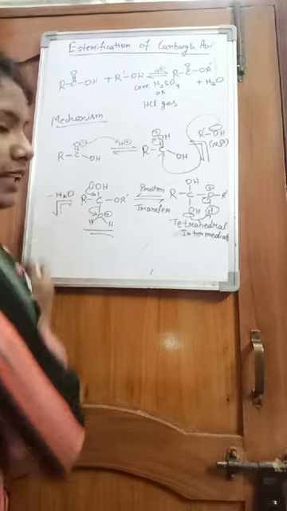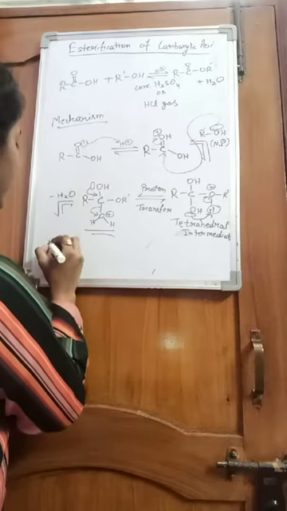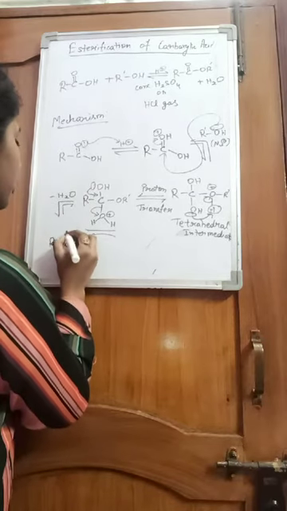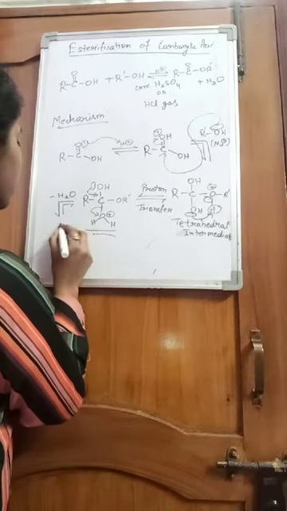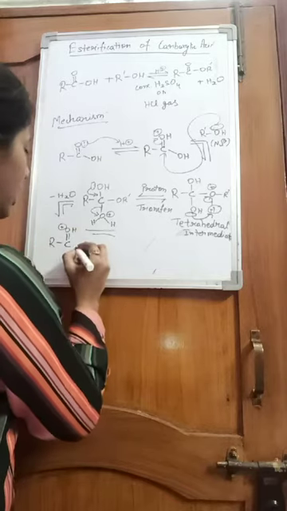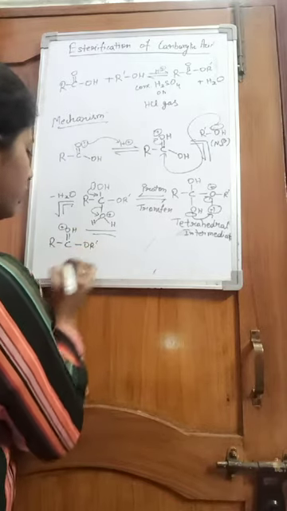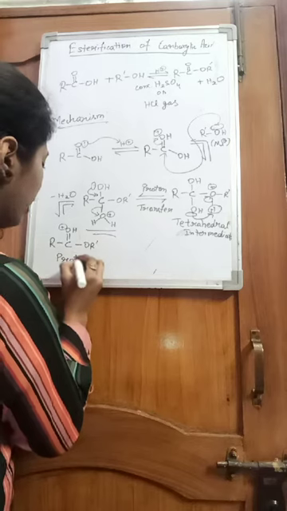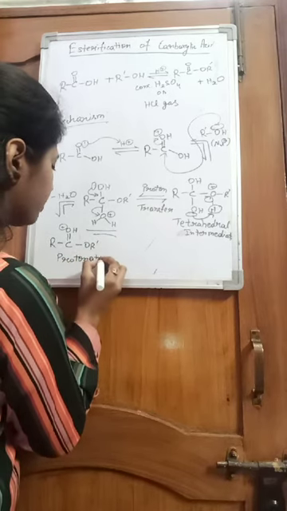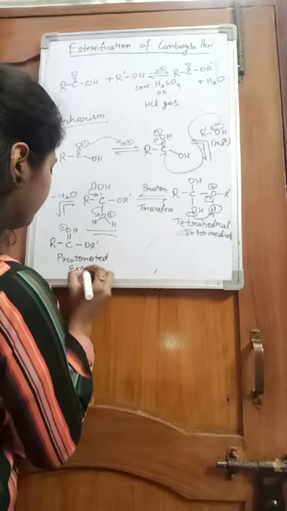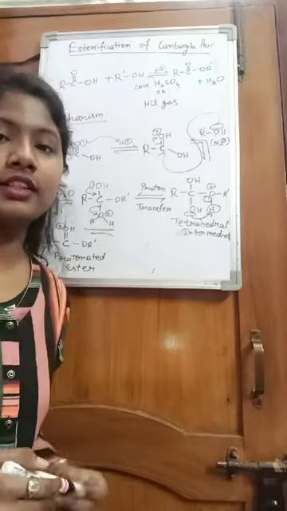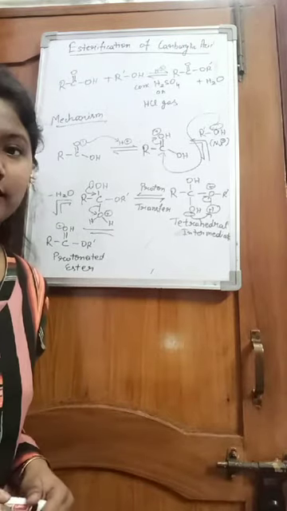The water molecule is eliminated from the reaction, and we get our C double bond OH with the plus charge here, and here OR dash. So this is nothing but our protonated ester. We already got our ester, but this is our protonated ester.